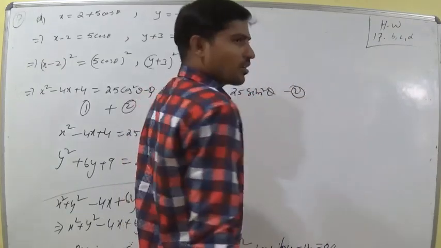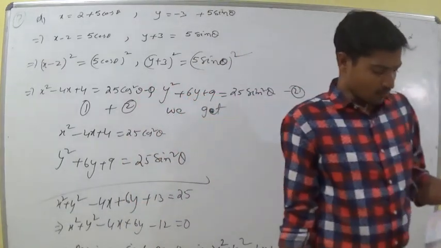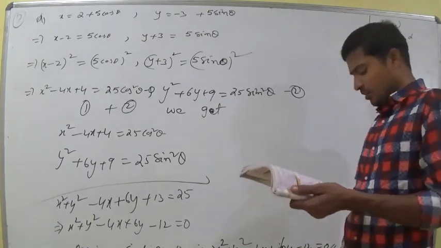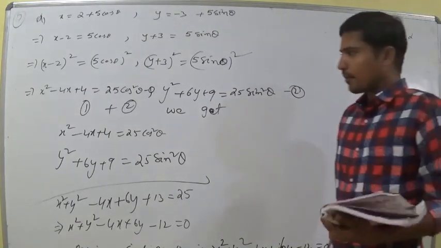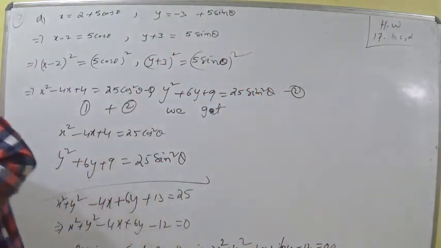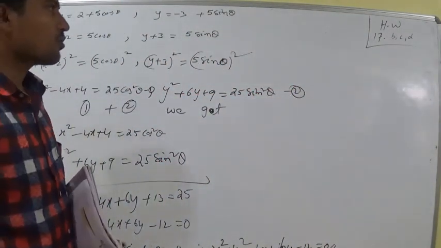This is the required circle equation. The remaining two are homework, remaining 2, not 3.